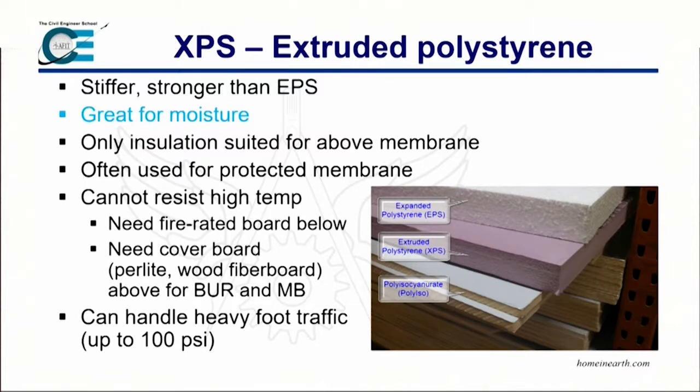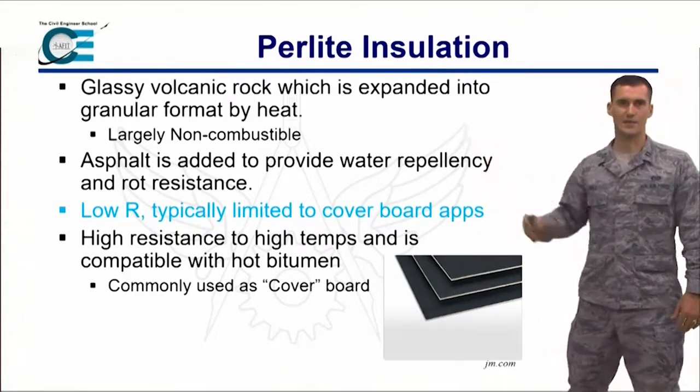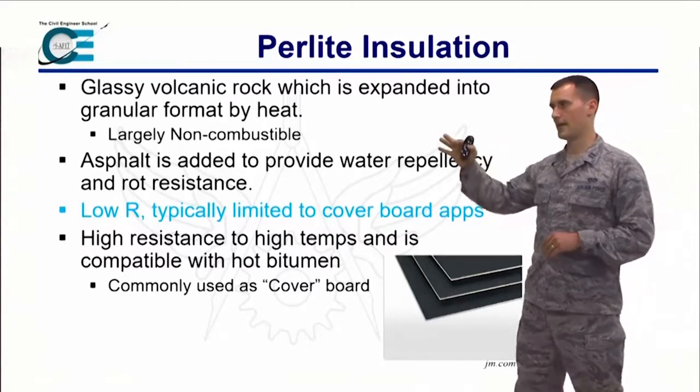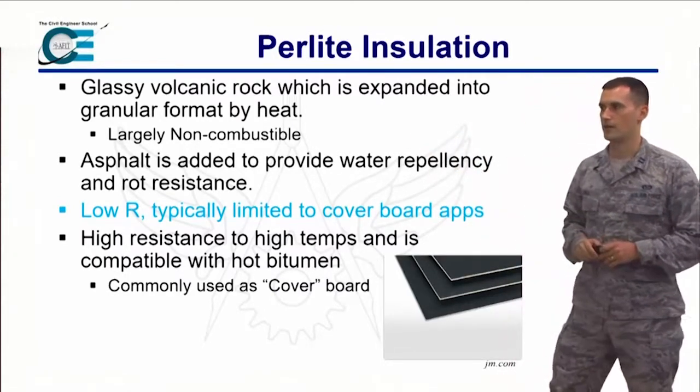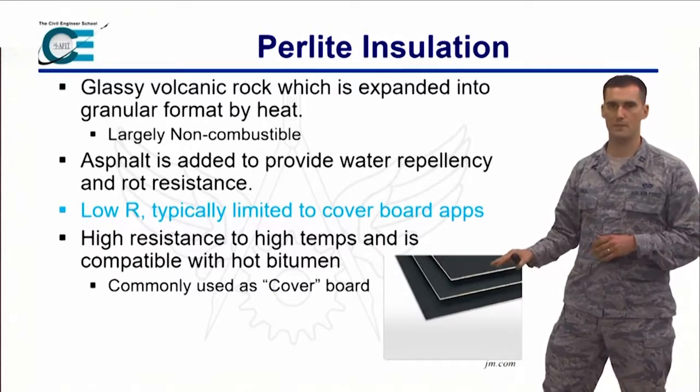So, let me transition here to some of our cover boards, which are classified as insulations. They do provide R values. I talked about that volcanic rock that we're essentially crushing up. These are thin pieces.